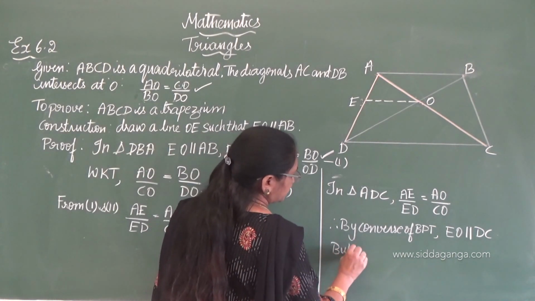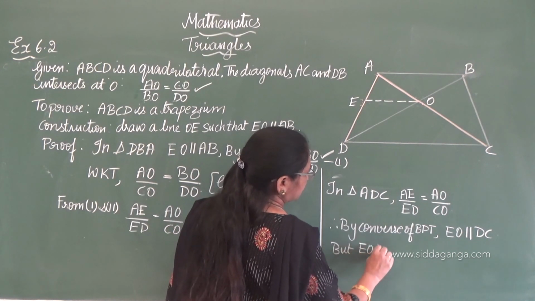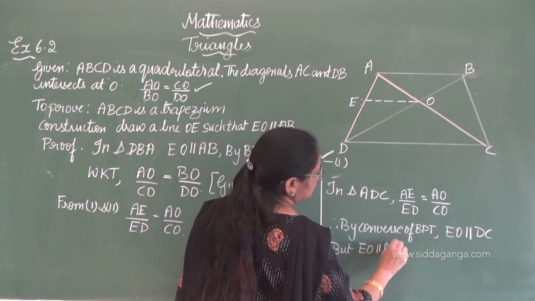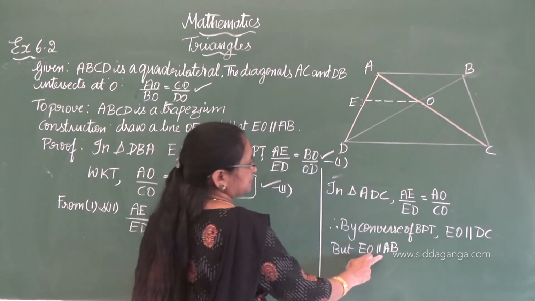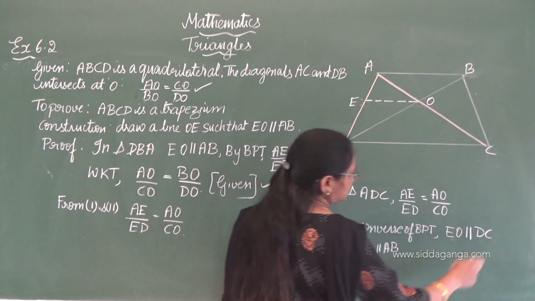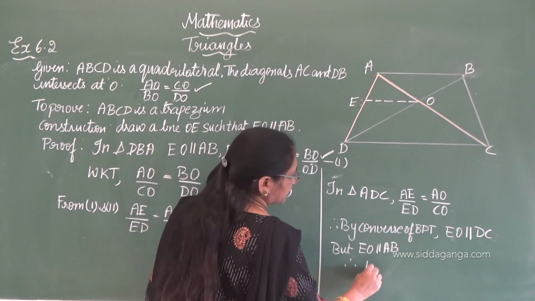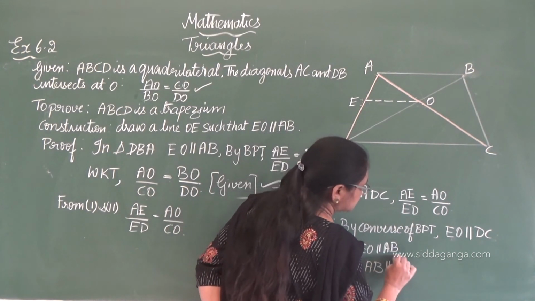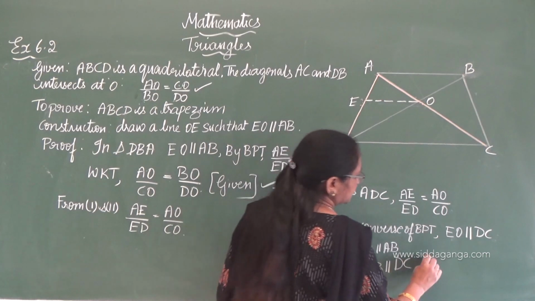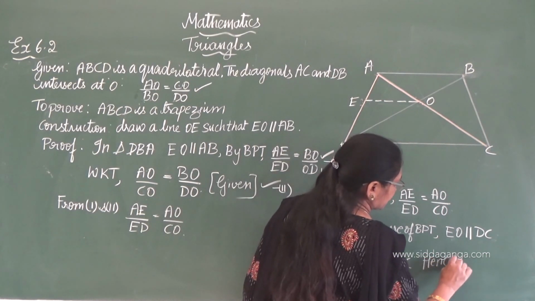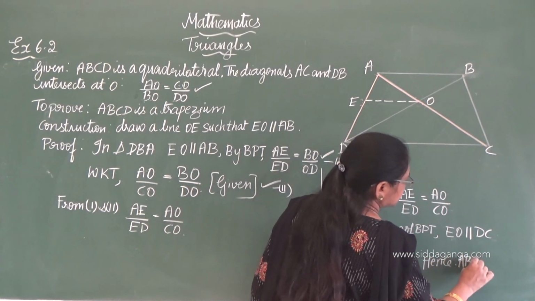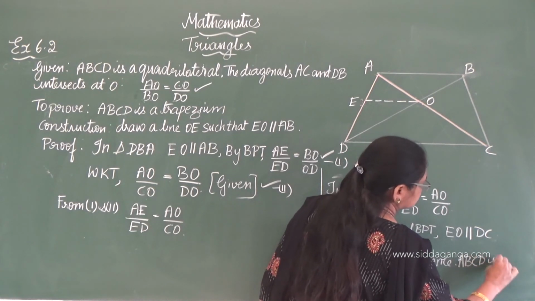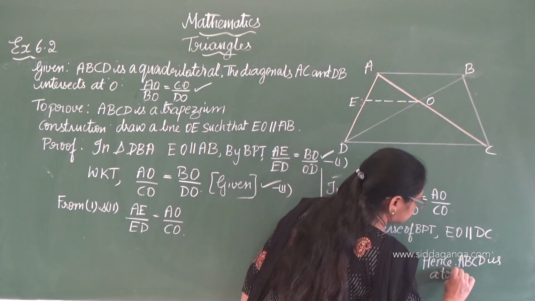But we have EO parallel to AB also. So, EO is parallel to AB also, EO is parallel to DC also. Therefore, what we can say? AB is parallel to DC. Hence, ABCD is a trapezium.